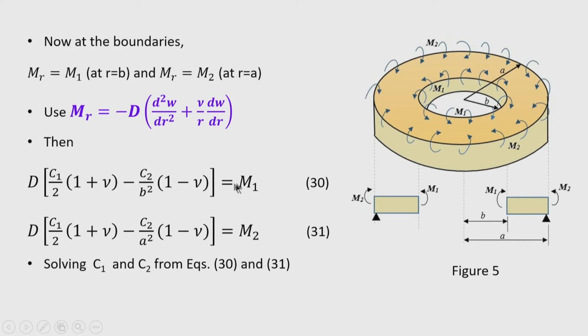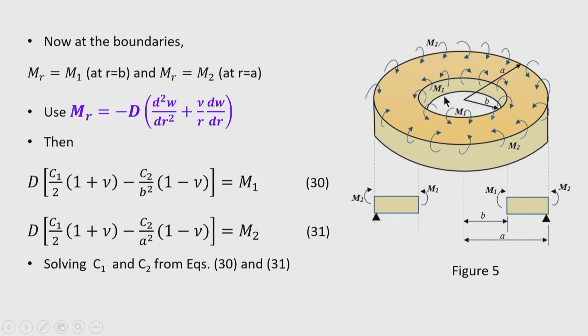The first equation, after application of the radial moment condition at the inner edge r equal to b, is D bracket C1 by 2 (1 plus mu) minus C2 by b square (1 minus mu) bracket closed equal to M1.